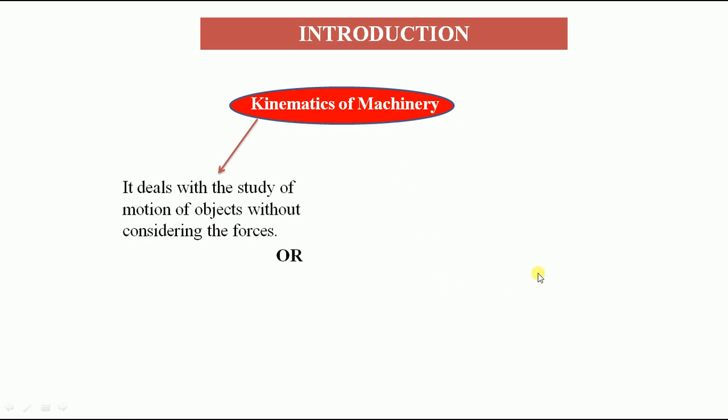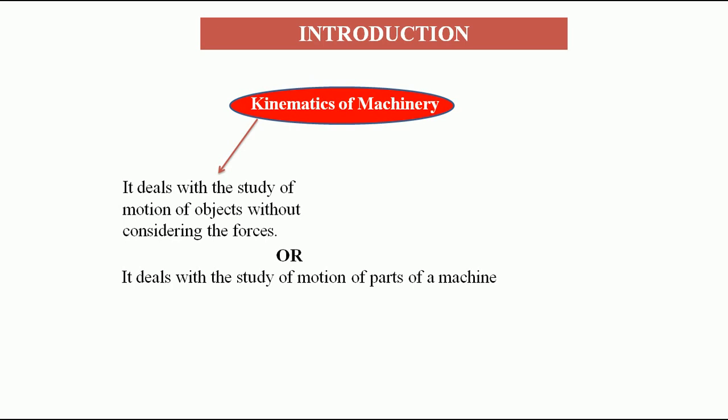It deals with the study of motion of parts of a machine. Here we mentioned the study of motion of any particular object, but particularly here we need to consider a part of a machine. Related to a part of a machine, we need to study the motion characteristics of that particular part out of the number of parts.